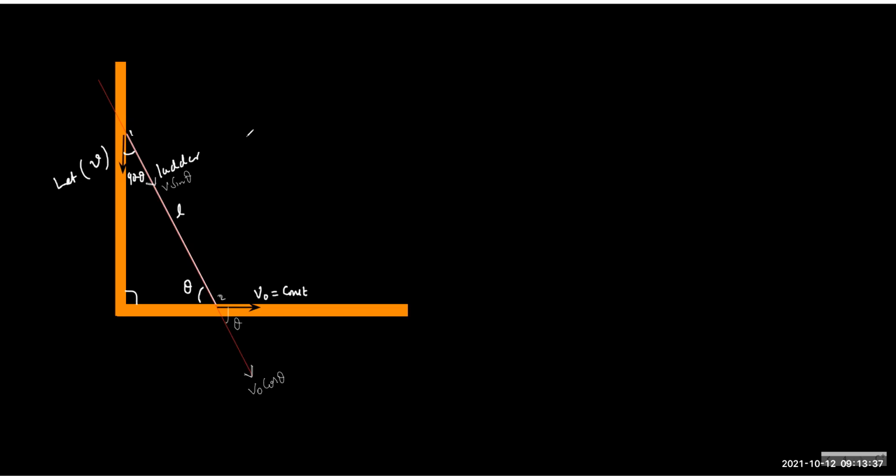The separation between 1 and 2 will be v naught cos theta minus v sin theta. But this must be 0 because they cannot come closer or go away. The other way of saying it is that the relative velocity along the line joining the particles must be 0. That's the key concept. So v parallel relative must be 0, and this implies this relation. This is another way of getting the unknown velocity v. So we got v equals v naught cos theta by sin theta.